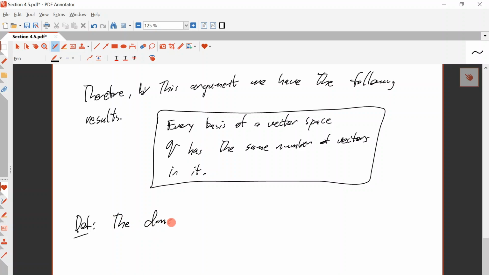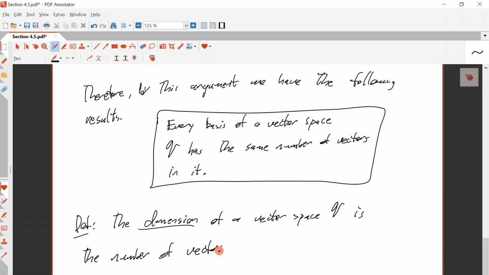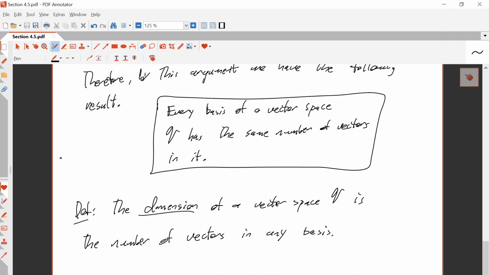The dimension of a vector space V is the number of vectors in any basis.